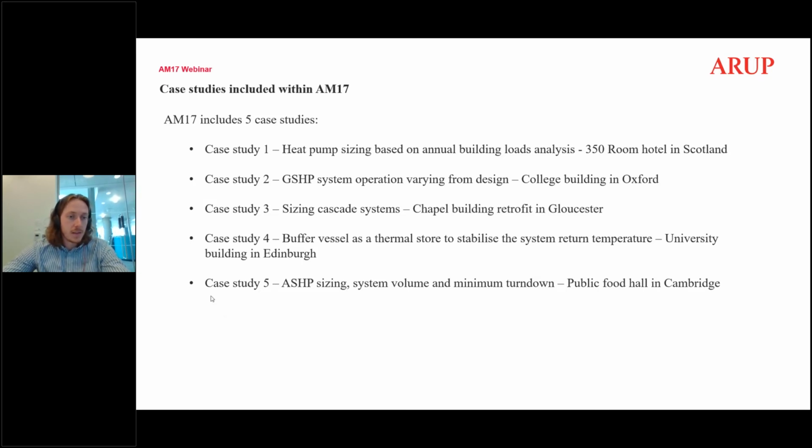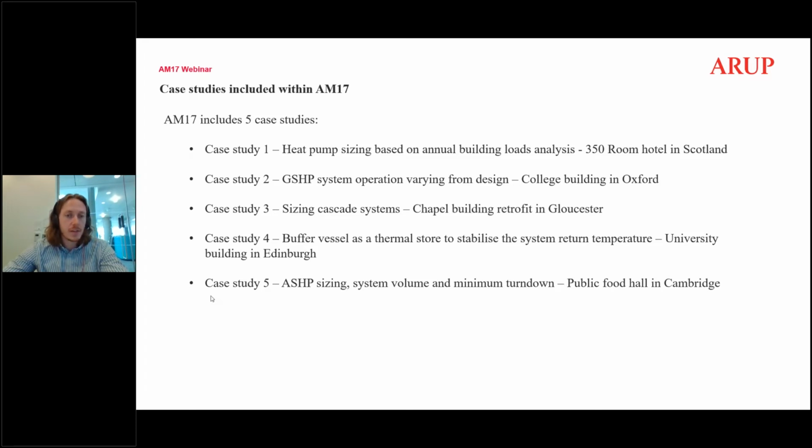So within AM17, there are 5 case studies. The first one is a heat pump sizing based on an annual building load analysis, and that's for a large hotel in Scotland. Number 2 is a ground source heat pump system, which was found through monitoring to be varying from its design. That's a college building in Oxford.